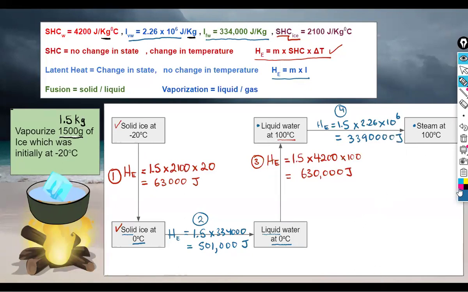So to get the total energy, well, common sense would say, hey, we need to add up all the values. So let's do that. Anybody wants to confirm their answer?